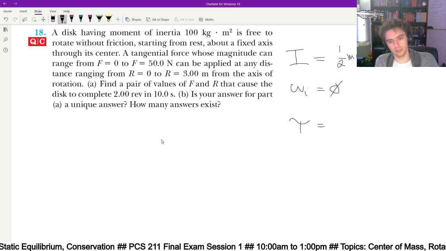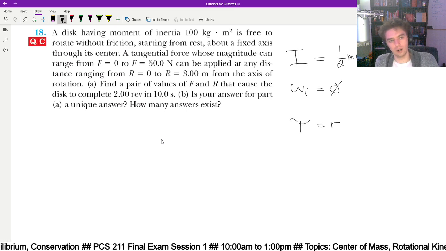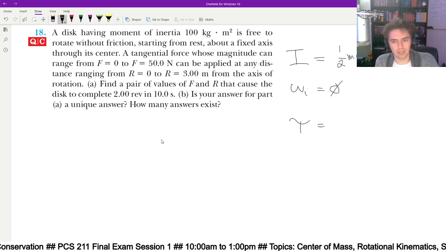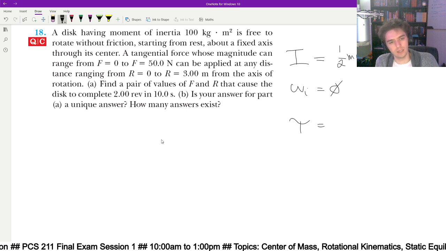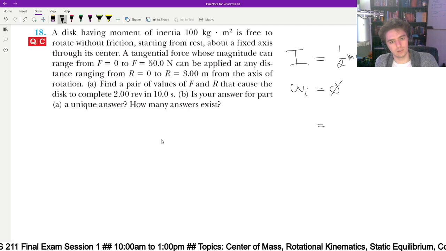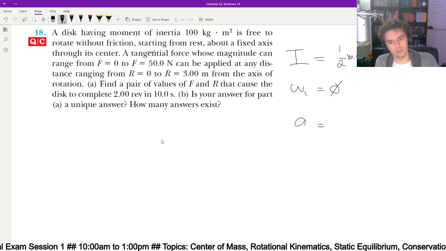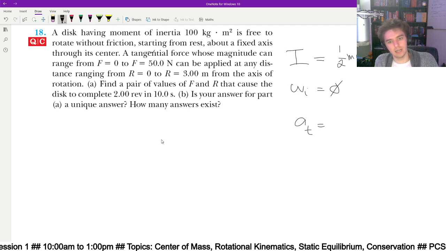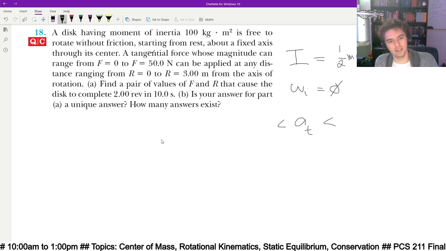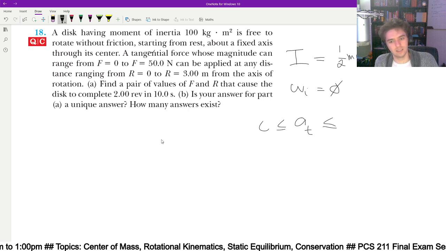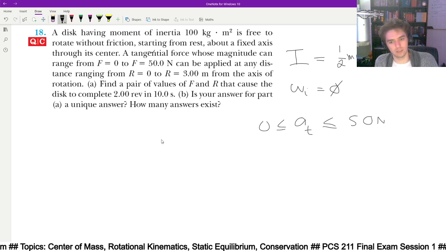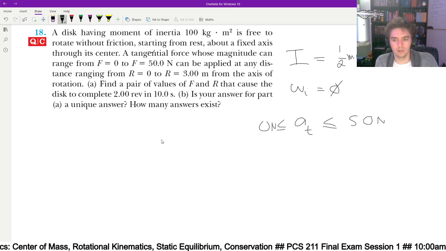Torque is equal to R. Do we know any mass here? No, we don't know any mass. Tangential force, okay, I'll just call it FT for now. FT is between 0 and 50 newtons.